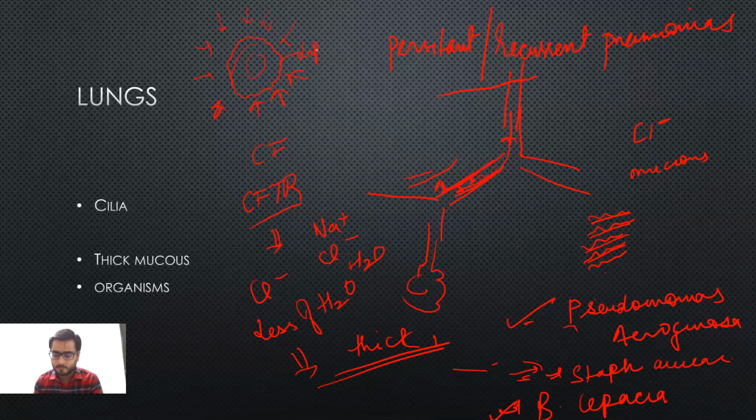So there is lipid film formation around this Pseudomonas. They form a lipid layer, and this lipid film formation is more favorable when the mucus is thick. They form a lipid layer around them so that antibiotic is not able to act on them, and these patients have chronic pneumonias, persistent pneumonias, recurrent pneumonias, because as many times as we get the sputum cultured, we'll see that Pseudomonas aeruginosa is not getting cleared.